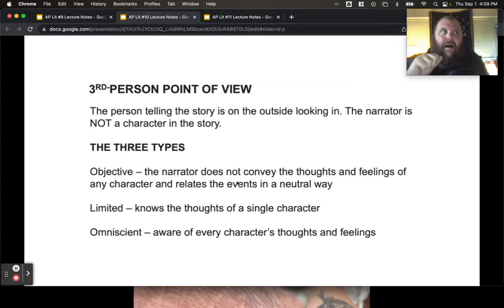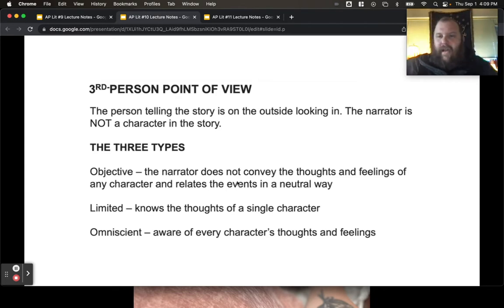The narrator knows the thoughts of a single character, and so that actually has a nice balance a lot of times. You feel very drawn to that character, like that's my person in this story. A lot of times I find myself really rooting for that character, right? Because they're me, I'm them, you know what I mean?